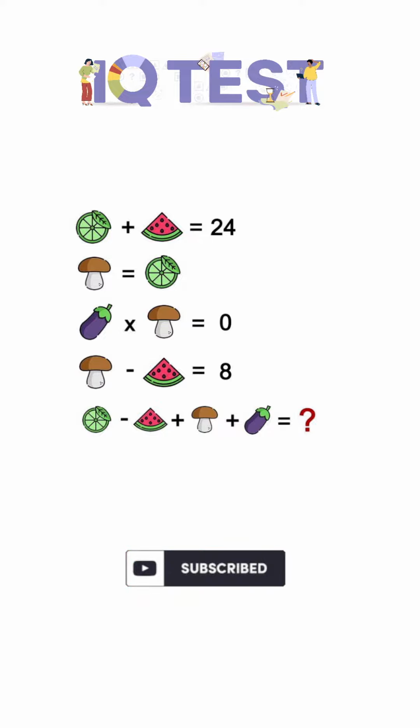So what is the value for the lemon? Tobias, what are you getting for the lemon? What are you getting for the watermelon? What are you getting for the mushroom? And what are you getting for the garden egg?